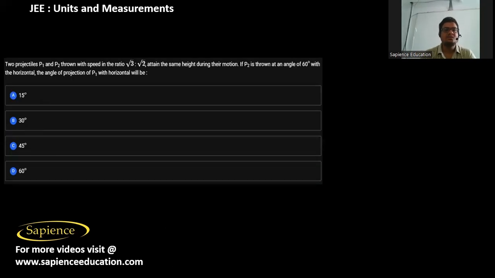So option A is the correct answer. Then here it is told two projectiles P1 and P2 thrown with speed in the ratio √3 is to √2 attain the same height during their motion. If P2 is thrown at an angle of 60 degree with the horizontal, the angle of projection of P1 with horizontal will be?